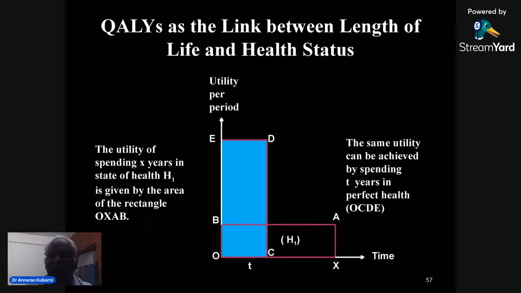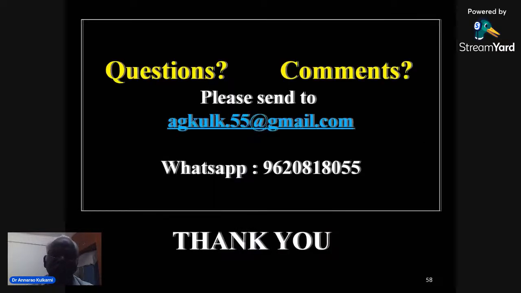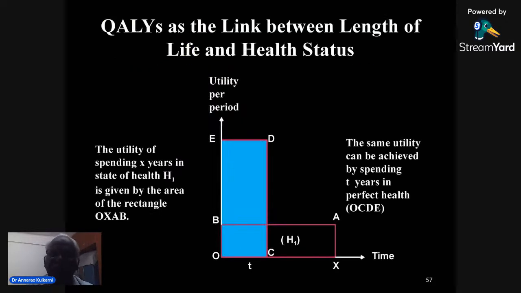This is the utility. The same utility can be achieved by spending T years of life in a better health state, that is, the better health represented by OCDE. So OXAB is equivalent to OCDE. So this is how QALYs and DALYs are used.